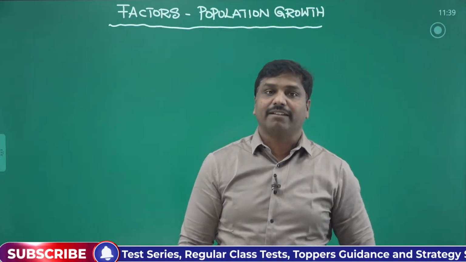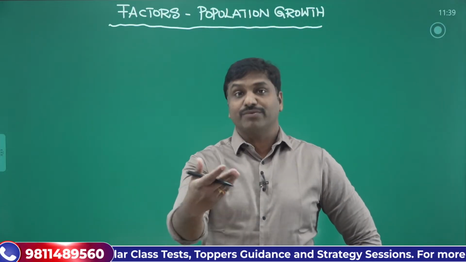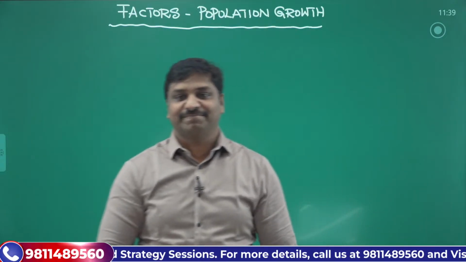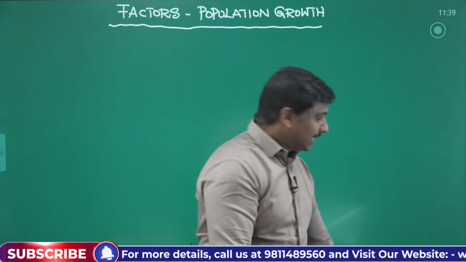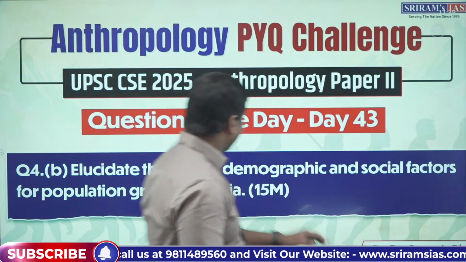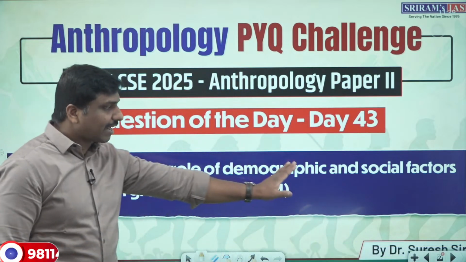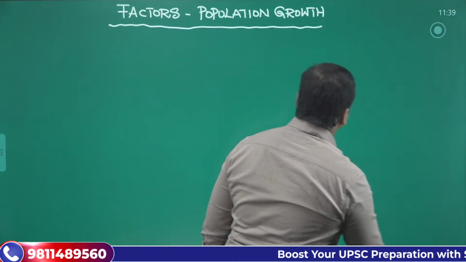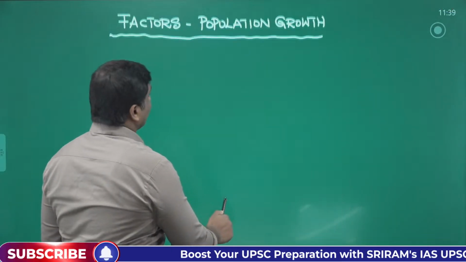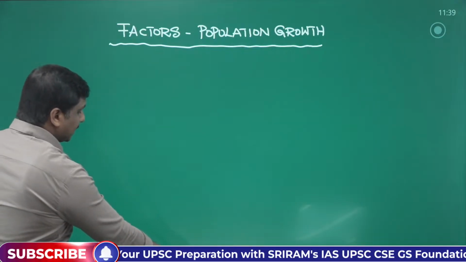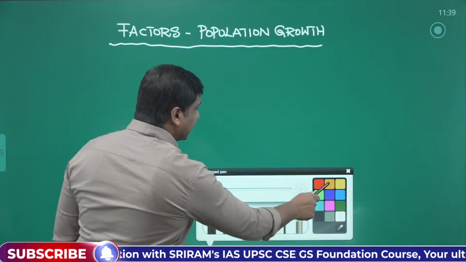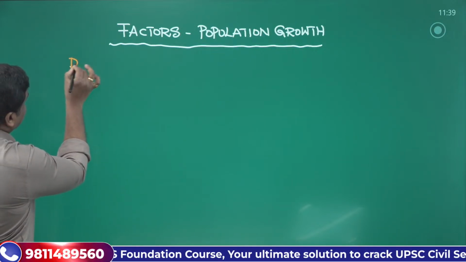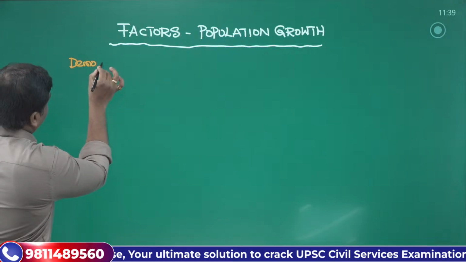Those who have joined in live, you can text some of the important points from your side also, so that you can participate in the discussion. First, let us discuss the demographic factors responsible for population growth in India. On one side, let us list the demographic factors, and on the other side, let us list the social factors.